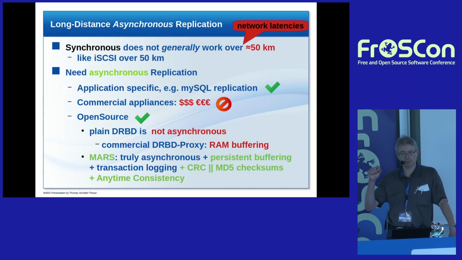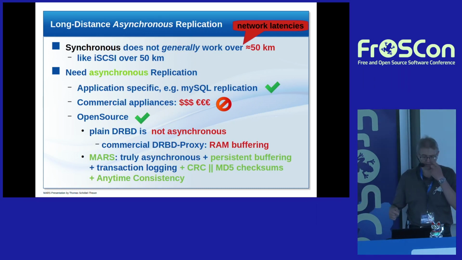You have, in addition, some CRC or MD5 checksums in order to be able to detect when your data is corrupt for whatever reason. The transaction log itself is protected, and the same story applies to the network transfer layer also.